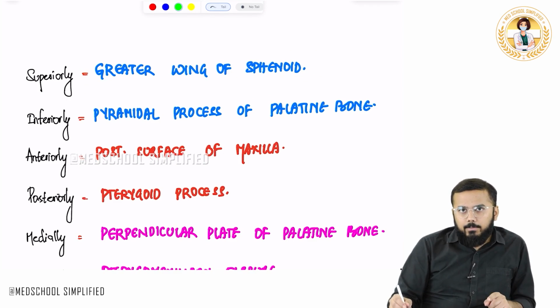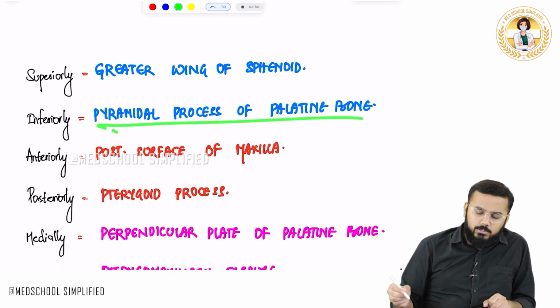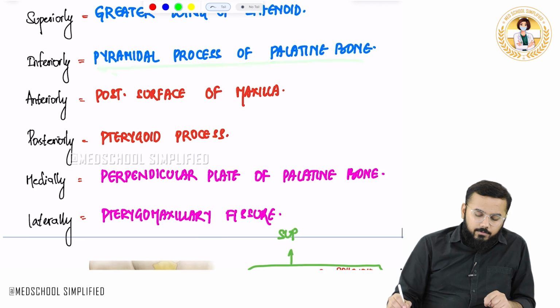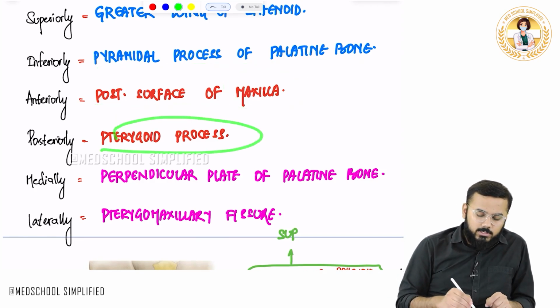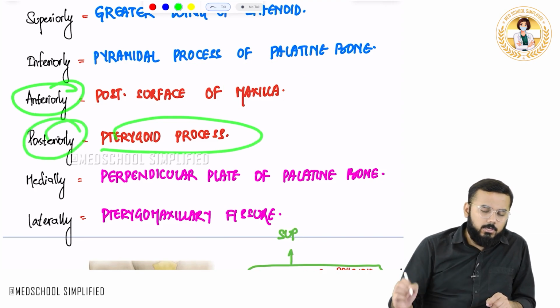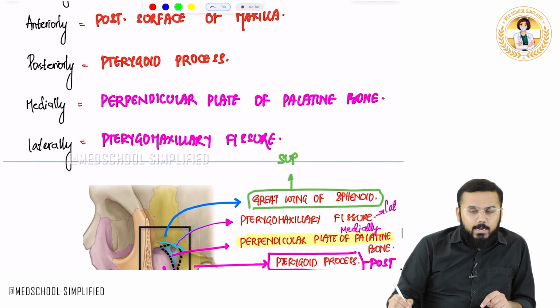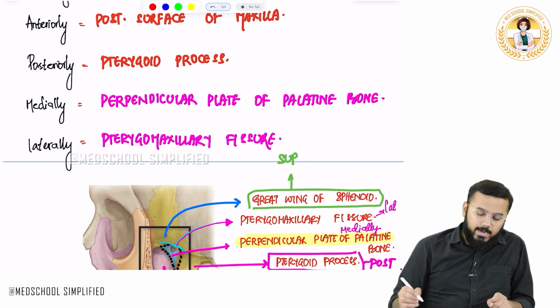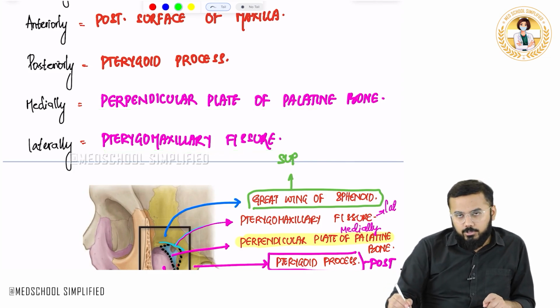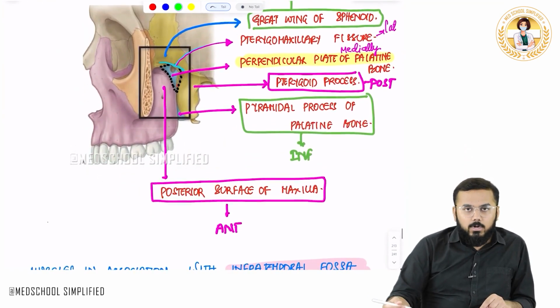Inferiorly, it is having a pyramid, right? Pyramid of what? Palatine tonsils. Next, we have got the posterior surface of maxilla. Next, we have got the pterygoid process. They form the anterior and the posterior border. Medially and laterally, what do we have? Medially, we have got the perpendicular plate of palatine bone, and laterally, we have got the pterygopalatine fissure. Right? So, these are the borders here.